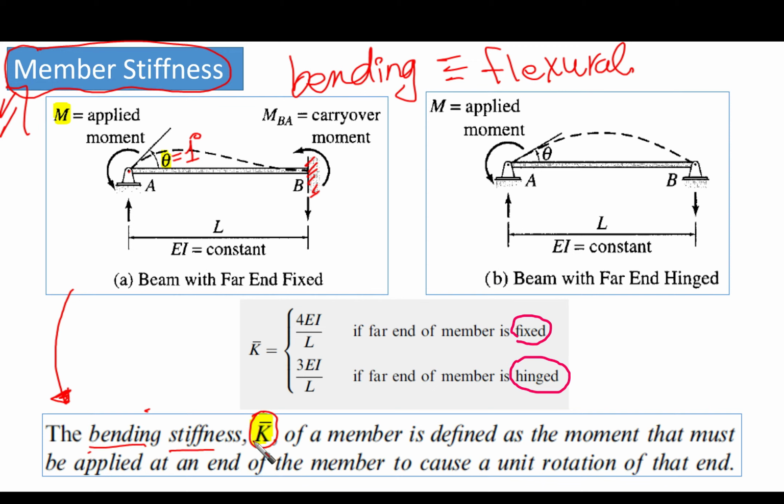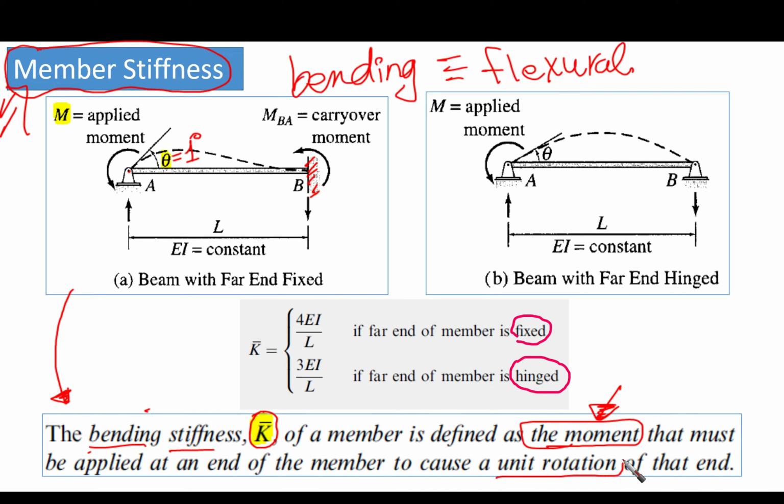This is only a sign or a letter that we put for the member flexure stiffness. So the bending stiffness of a member is defined as the moment, in the first place, that must be applied at an end of the member to cause a unit rotation.